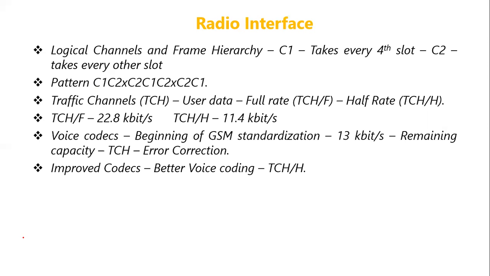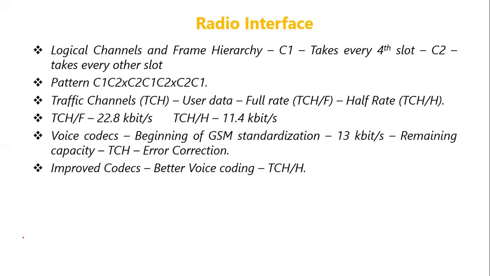But by adding some coding and decoding techniques, 13 kilobits was required to transmit data. Because the TCH/F traffic channel with full rate supports up to 22.8 kilobits, in this we are using only 13 kilobits for data transmission.